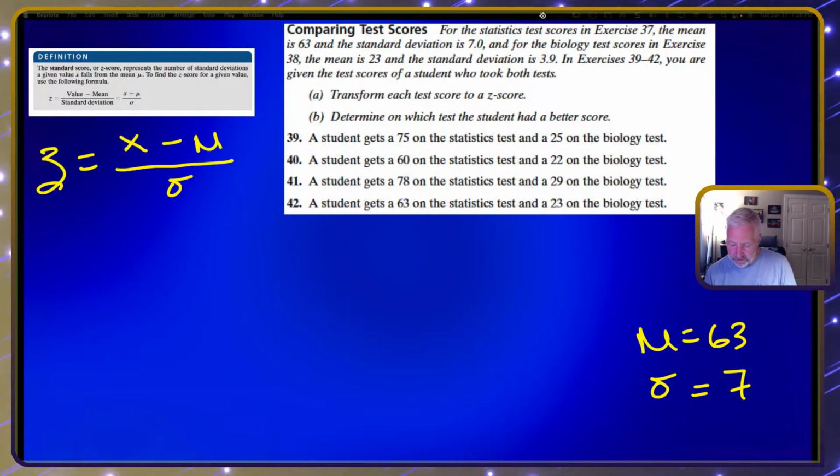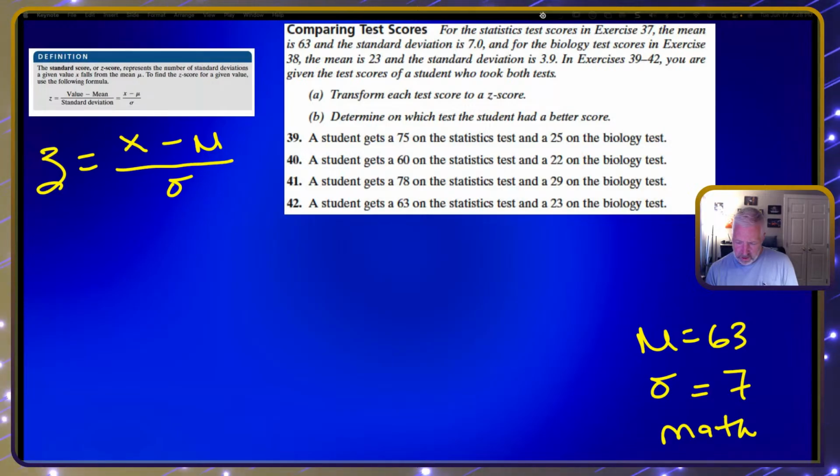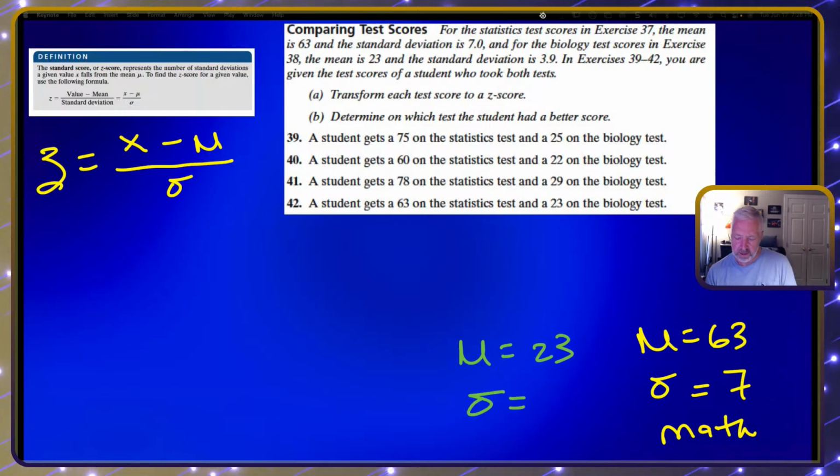And then for the biology, the mean is 23. Ouch, not good. Standard deviation is 3.9. Okay, so that's for bio.